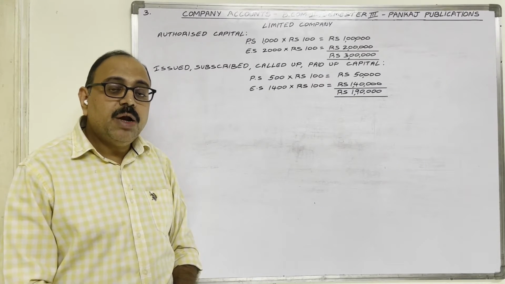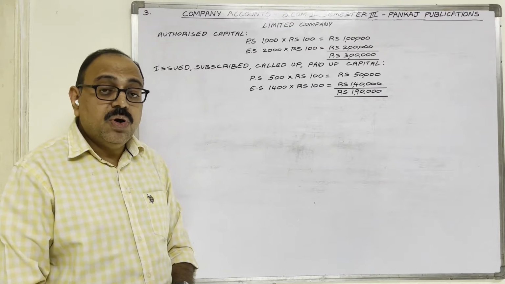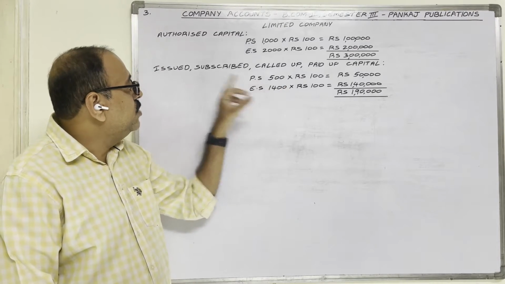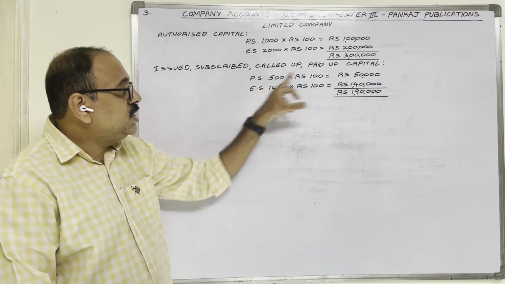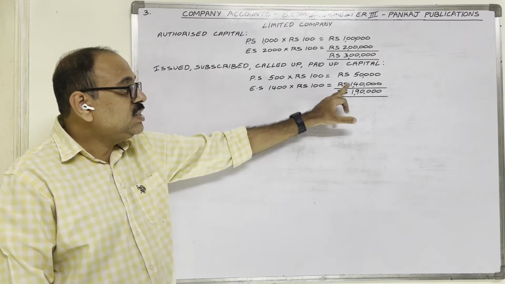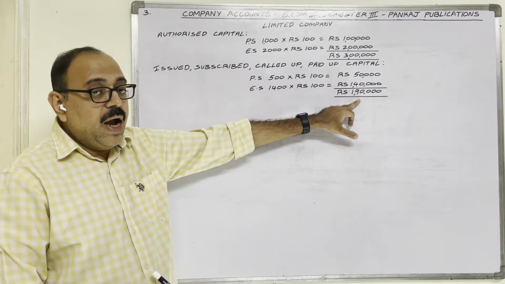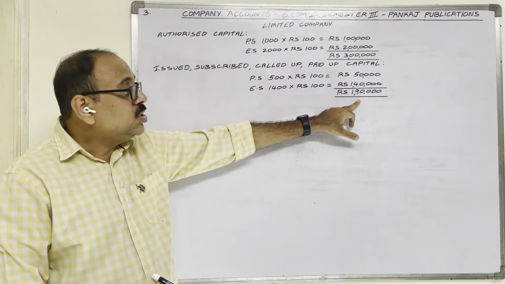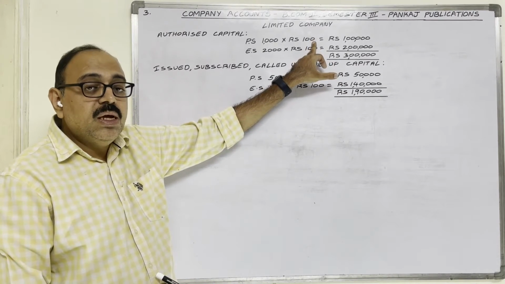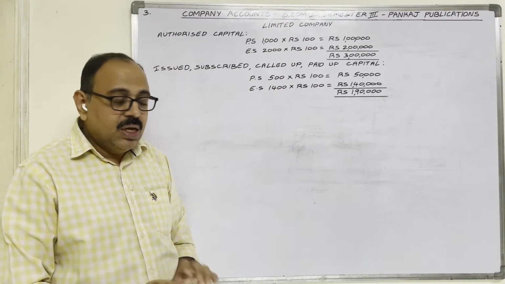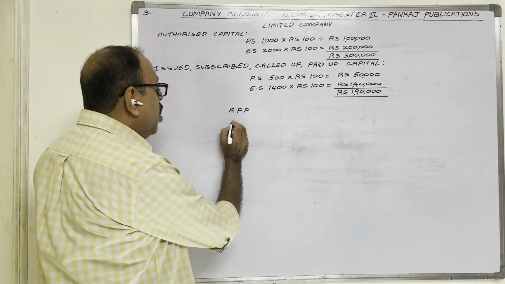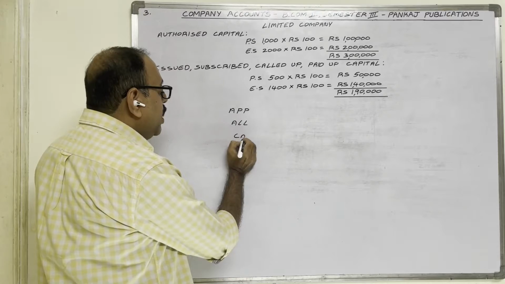And the public applied for all these shares. Therefore, subscribed capital is also the same. Subscribed capital is preference shares 50,000 and equity shares 1,40,000, total 1,90,000. And in the current year, the company wants to collect these 100 rupees in 3 installments: application money, allotment money and call money.